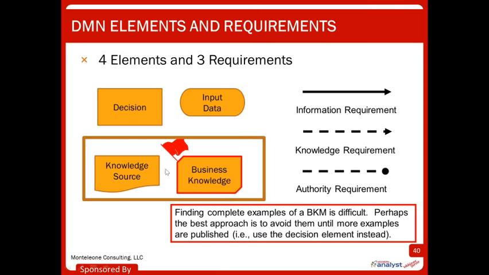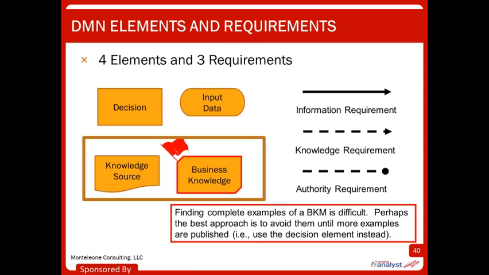But this one here, the business knowledge, is again a rectangle, and you'll notice with the clipped corners. Now, I put a red flag on it because I wanted to highlight it. It's a function that encapsulates business knowledge in the form of reusable business rules like best practices.